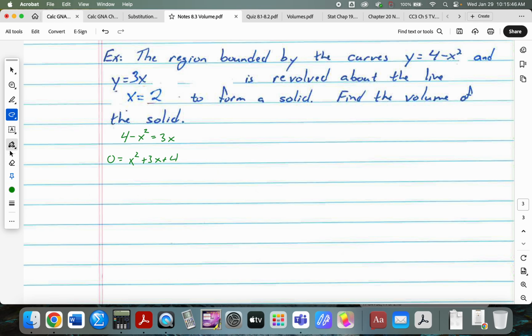Excuse me, minus 4. I was pretty sure this was one we had set up so that it would factor. So 0 is x plus 4 times x minus 1. So x equals 1 and x equals negative 4 are where these two intersect one another.